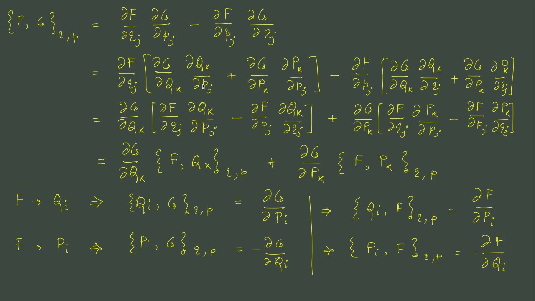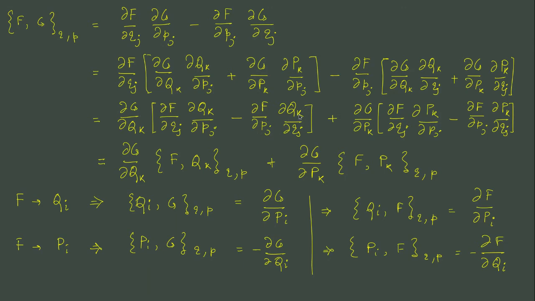Then, just like the trick in the previous theorem, we rearrange the terms. For example, we take the first term here, del G del Qk, we take it out, and what we have is del F del Qj and del Qk del Pj. Then we take the first term from this bracketed quantity here. We have del G del Qk, that is out.